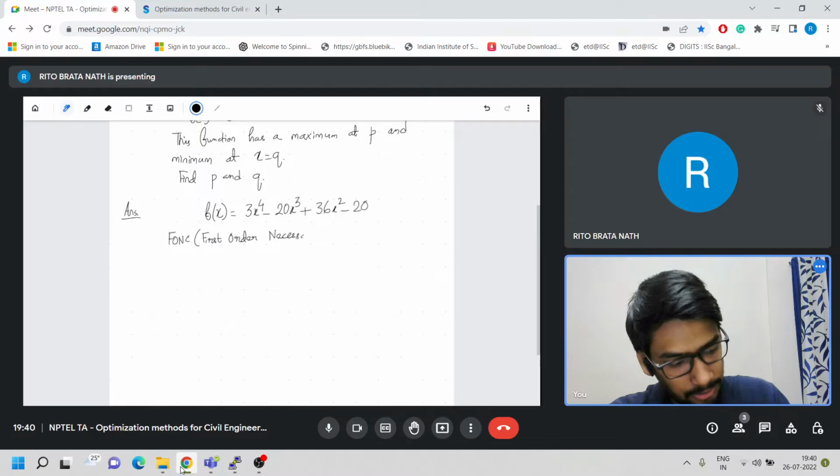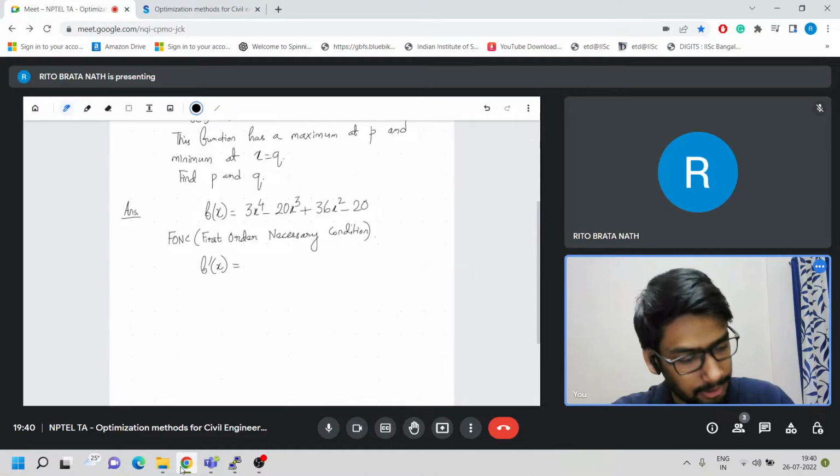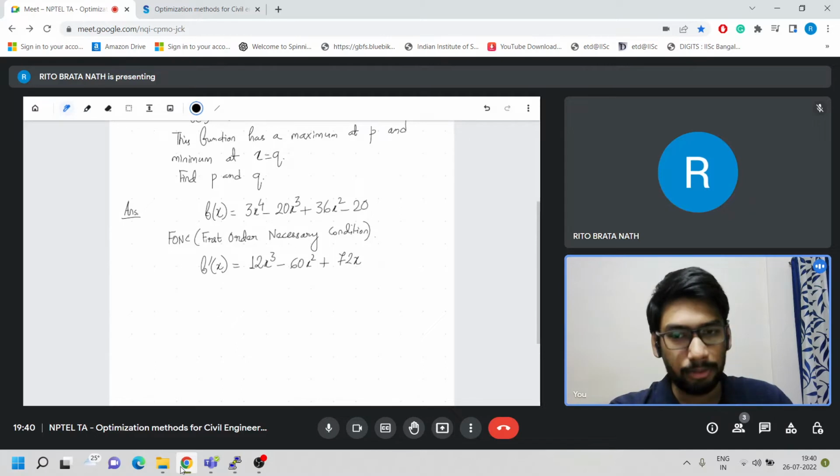You take the derivative of this function with respect to x, and you will get 12x cubed minus 60x squared plus 72x. If you set this to 0, you will find some solutions, and we call those solutions the stationary points.